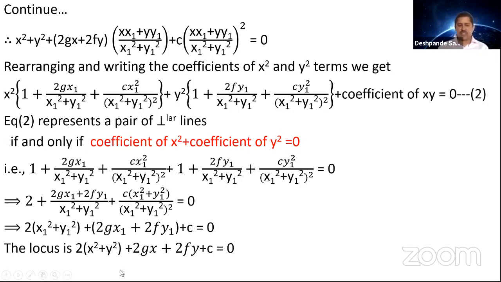The circle equation is not the same; the only thing is you got 2 here. It doesn't make a difference. The coefficient of x square and coefficient of y square are the same. Of course, the condition should be satisfied, that is g square plus f square minus c should be greater than 0. So this is going to be a circle equation. This is one of the rare problems which you find in this topic.